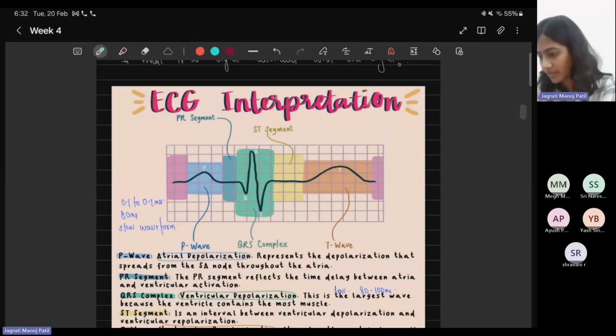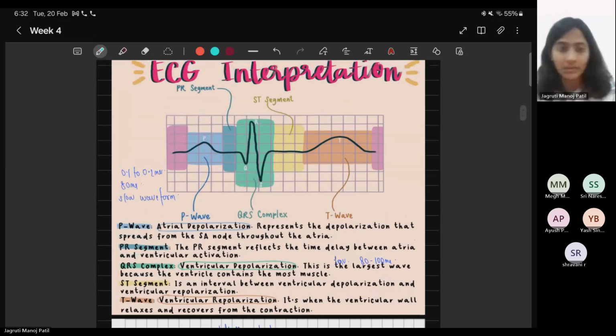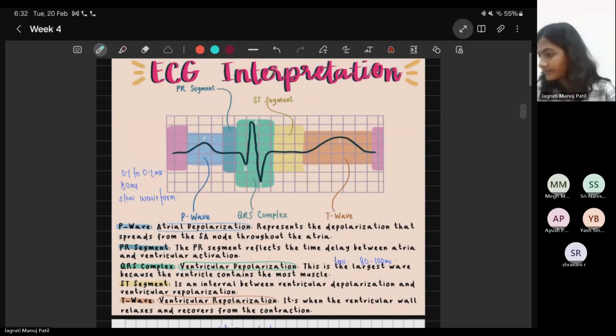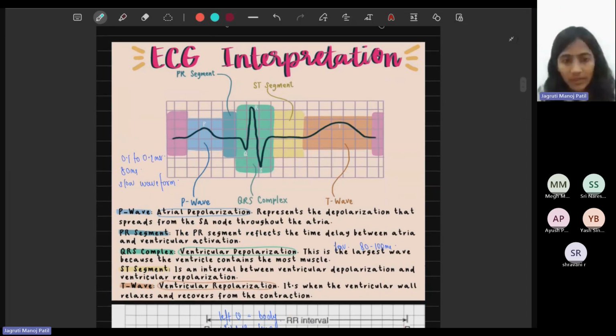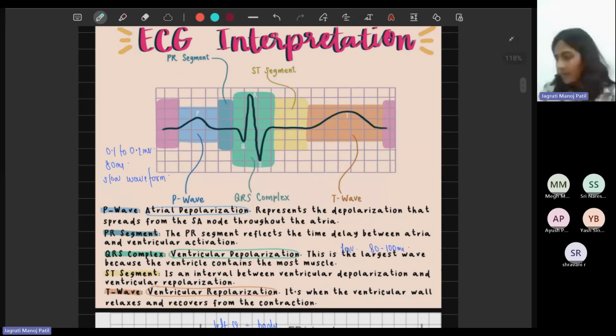Okay, back to its position. So I hope it's visible to all of you.